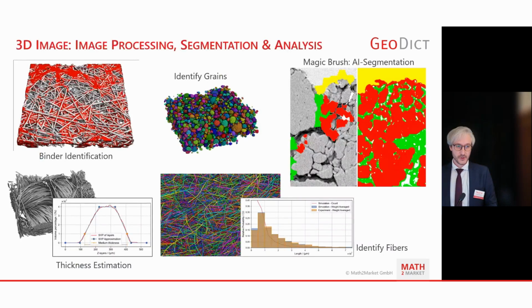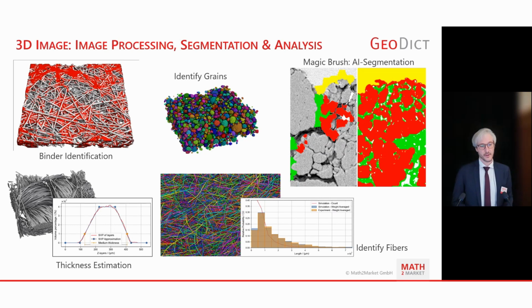So when it comes to image processing, you have learned in this conference, for example, that for fiber materials here on the top left, you have the possibility to identify binder in a CT scan and differentiate the binder from the fibers. You can also use AI for that, which is very powerful.